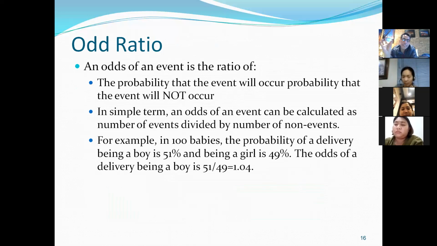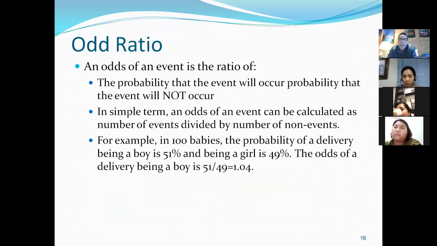of non-events. So here in the example, in 100 babies, the probability of a delivery being a boy is 51%. And the probability of being a girl is 49%.